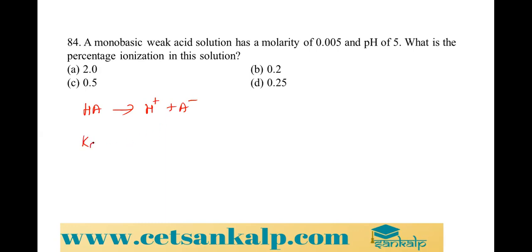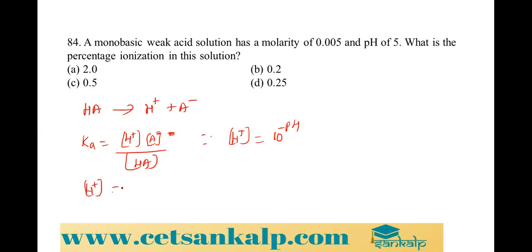So we know Ka, the equilibrium constant, is H plus into A minus divided by HA. We know H plus ion concentration is equal to 10 to the power of minus pH. Yes. So H plus ion concentration is equal to 10 to the power of minus 5.